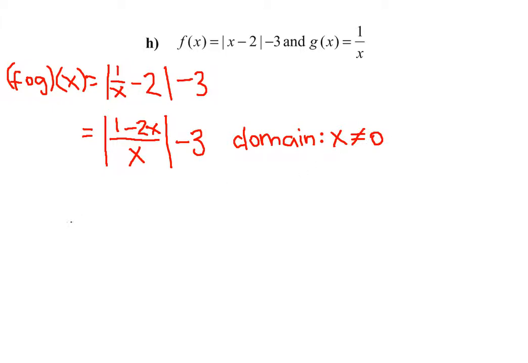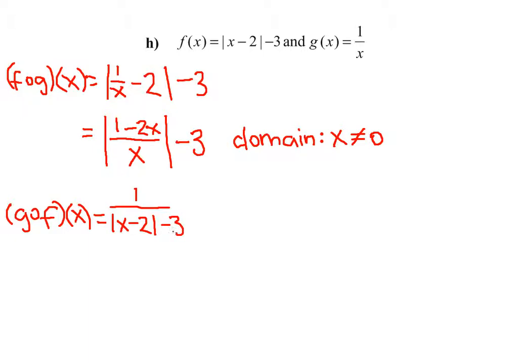Okay, and now we can find g composed of f of x. So now whenever we see x, it's 1 over x, we'll plug in f. So 1 over the absolute value of x minus 2, minus 3.